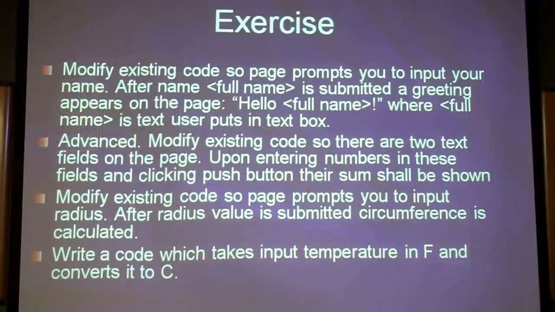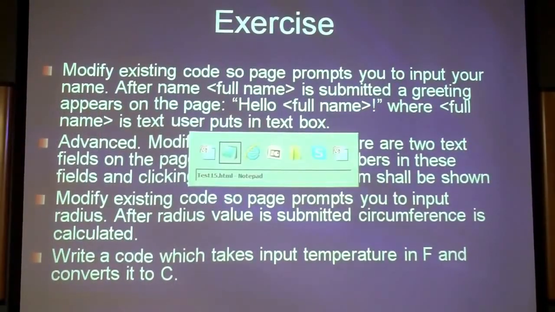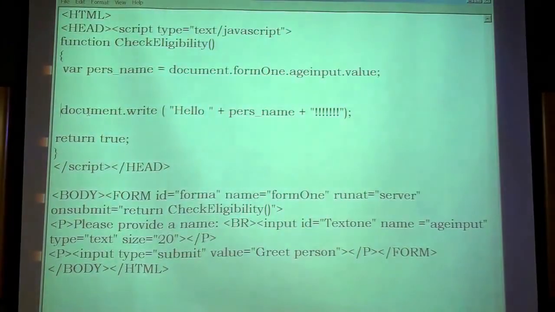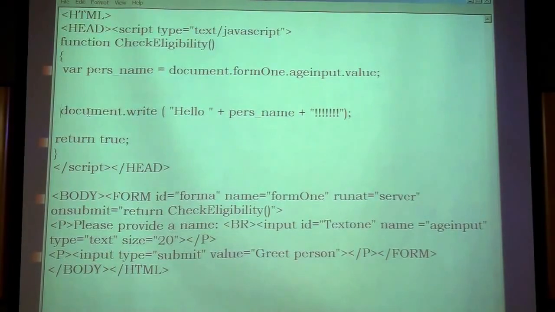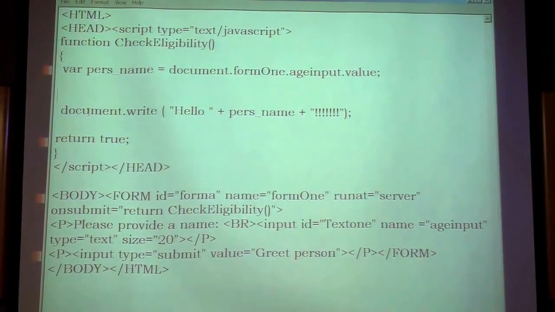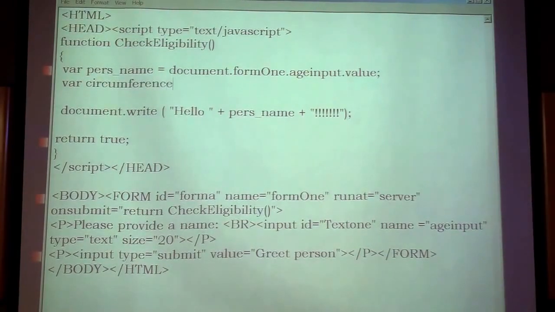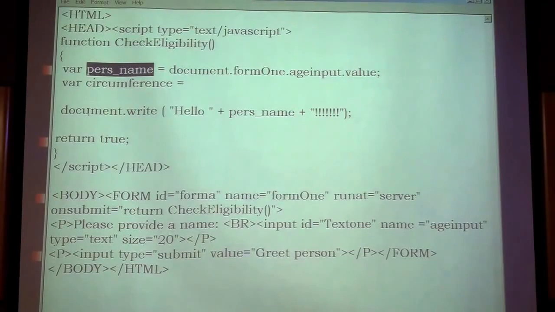The code which I'm going to modify is already existing code. So what I do here, instead of just saying hello plus personal name, I don't do that. What I need to do is say variable circumference equals, and this is personal name, I'm going to change that. That's not a personal name, but I'm calling it radius.